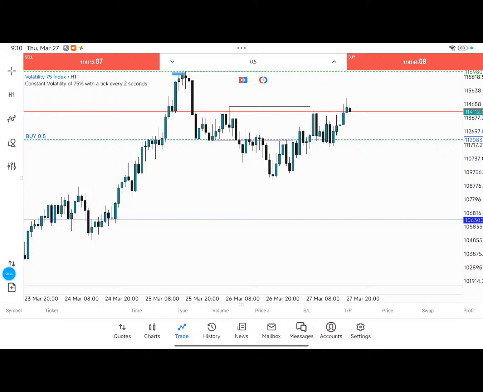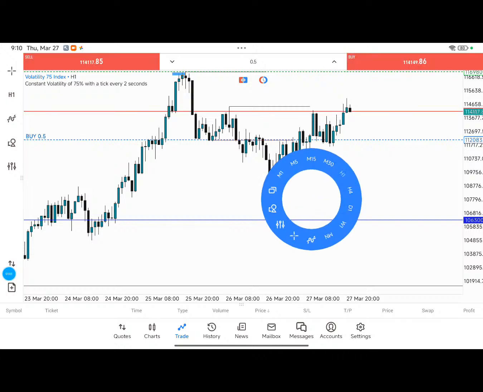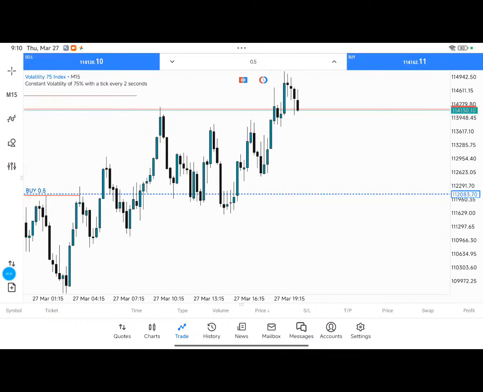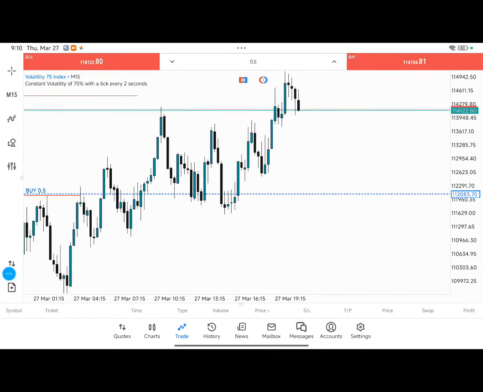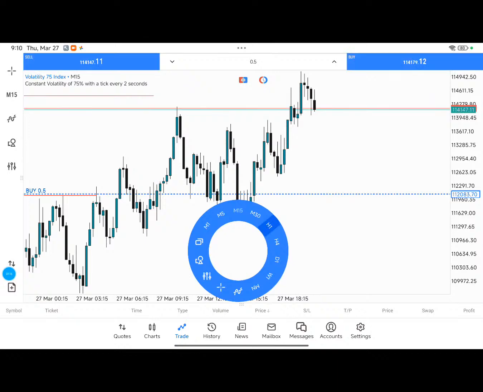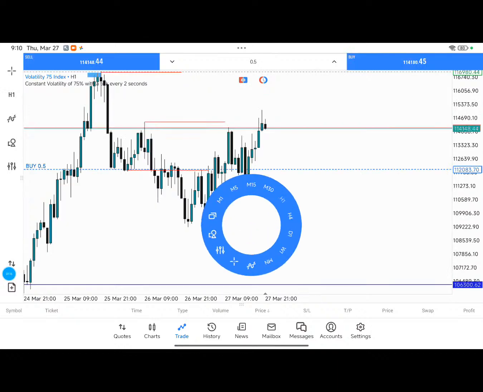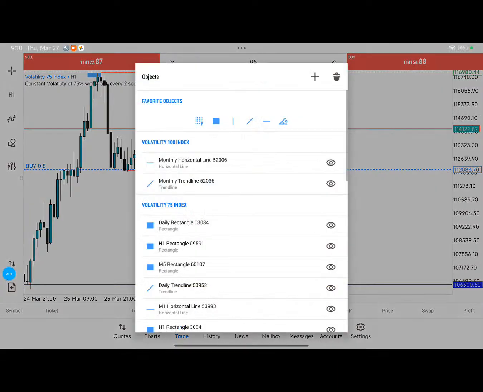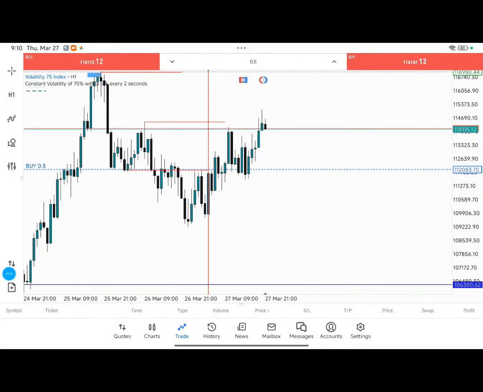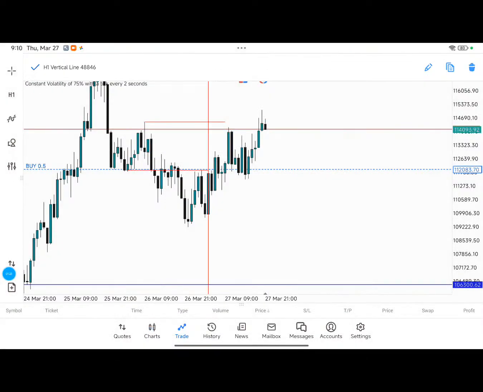So this is volatility 75, as I told you earlier on, and currently, from where we started this morning to where we've gotten to, we've come a long way since morning. So let me put a line indicating where we started from. 4 a.m. this morning time was around this area.